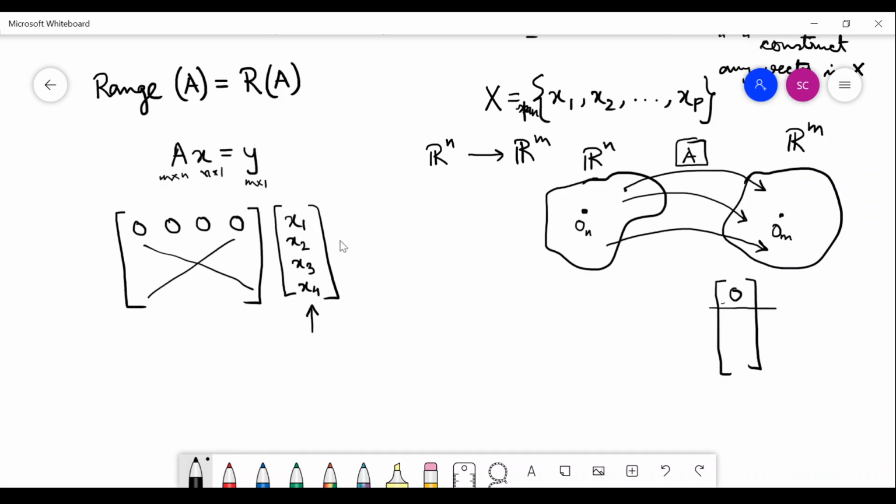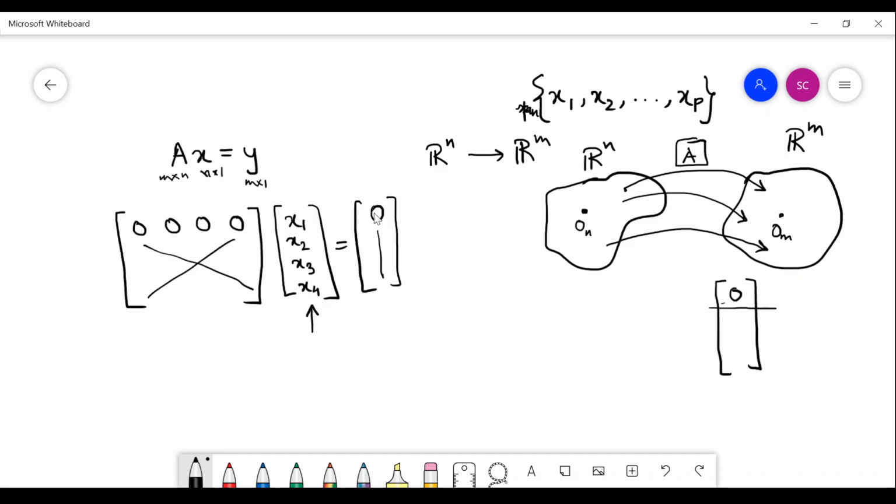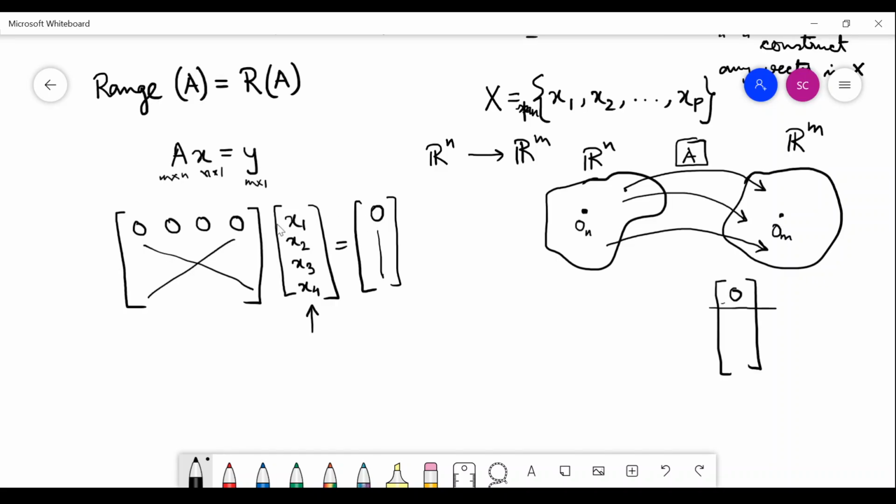So your first entry here will always be 0. Others I don't know, but this I am certain about. So that means the range space has already lost a dimension while the transformation happened. Suppose this is a 4 cross 4, so it lost a dimension from 4.